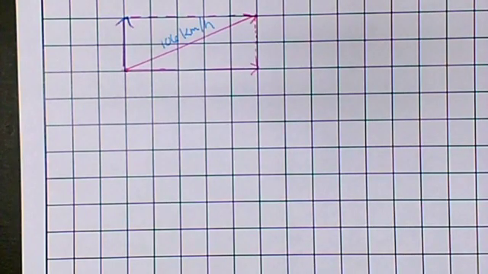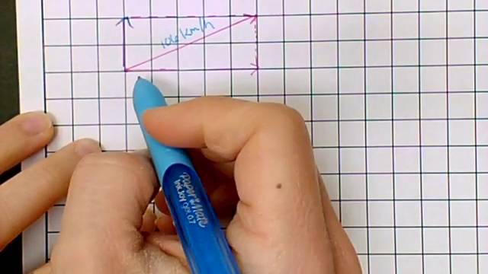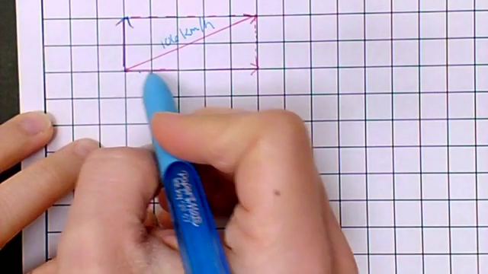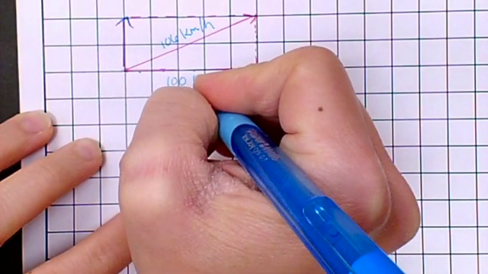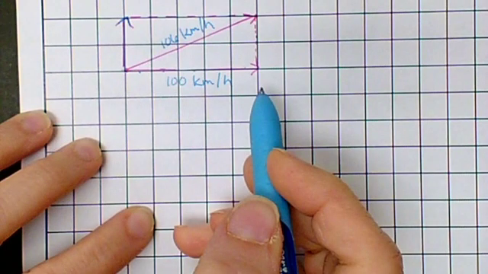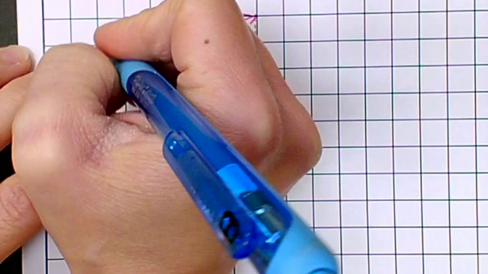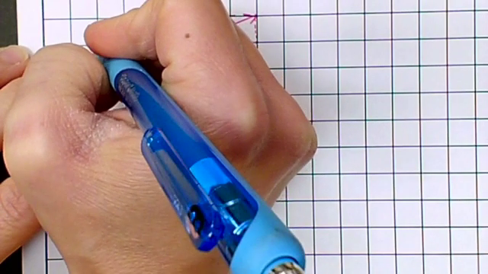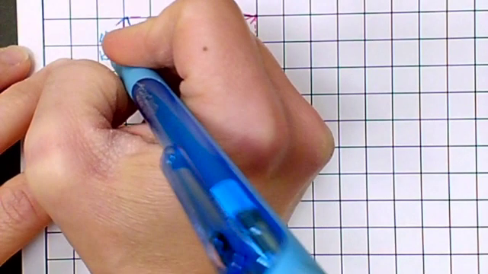And so I can see if each of my squares still stands for 20 kilometers per hour, I can see that I have 20, 40, 60, 80, 100 kilometers per hour on the y-axis, which is what the plane is traveling, and the crosswind is 20, or excuse me, 40, because they're each worth 2, 40 kilometers per hour.